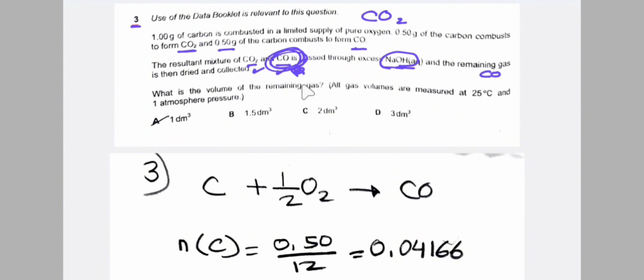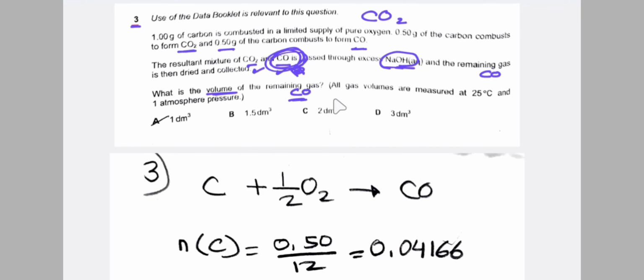What is the volume of the remaining gas? That means the volume of carbon monoxide. Since carbon dioxide reacts with sodium hydroxide, the only gas remaining is carbon monoxide. All gas volumes are measured at 25 degrees centigrade and 1 atmosphere pressure. So we need to find the volume of carbon monoxide.